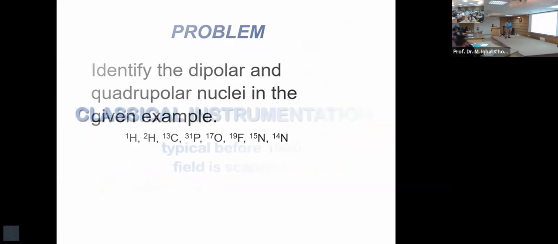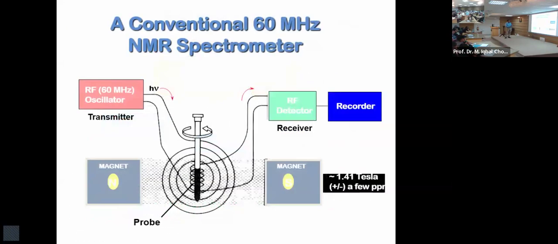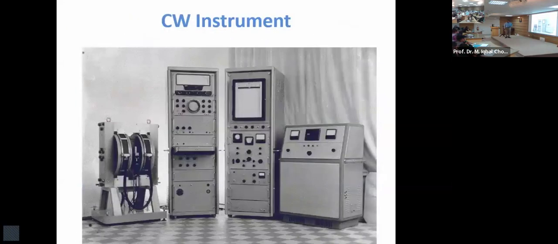We have this in our institute also. This is a permanent magnet, sorry, this is an electromagnet. Permanent magnet is different. This is an electromagnet. Your sample is inside here.